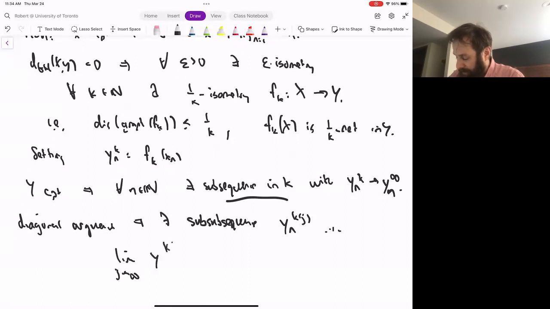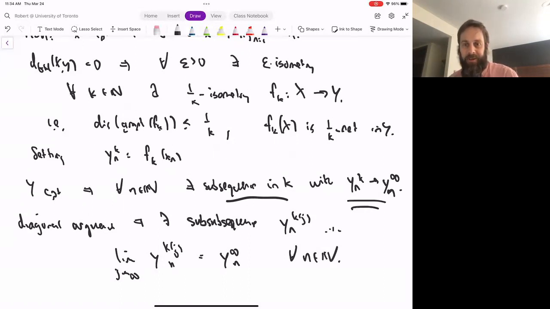I'm probably not going to bother to relabel in the future, but anyhow. These subsequences over here depend on n, but this one doesn't. That's the point of the diagonal argument.